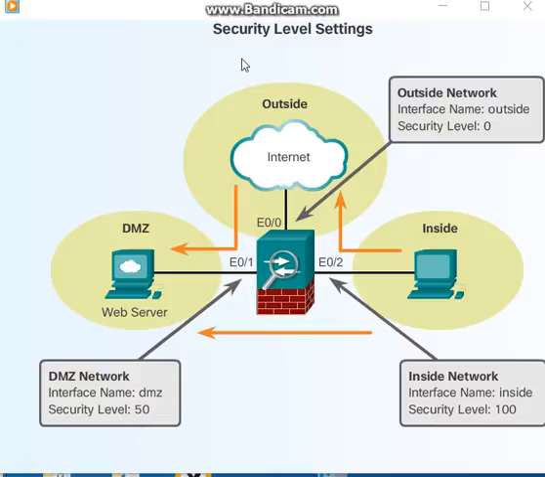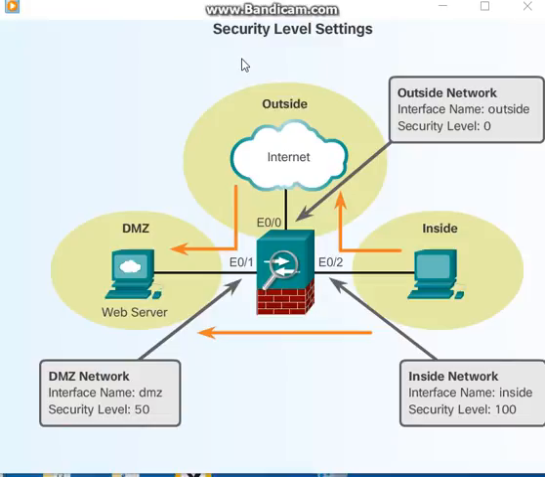Any exception to these default behaviors requires configuration of access control lists to explicitly permit traffic from an interface with a lower security level to an interface with a higher security level, for example, outside to inside.